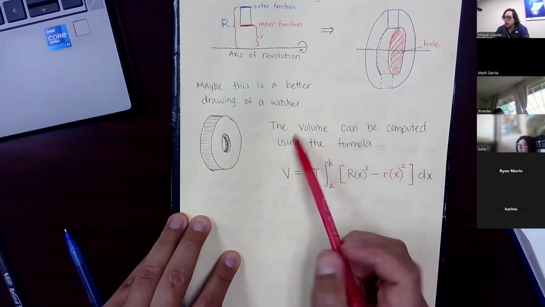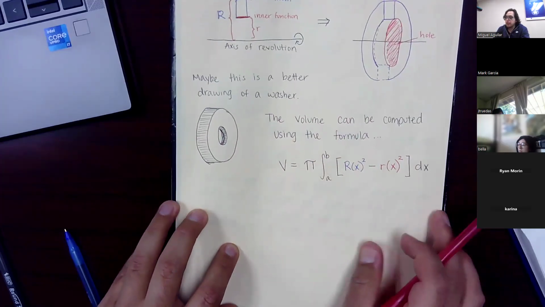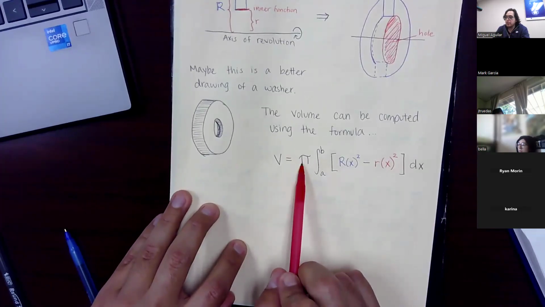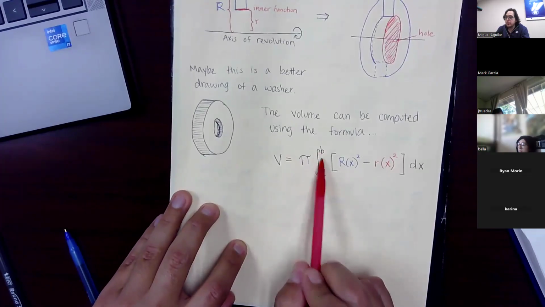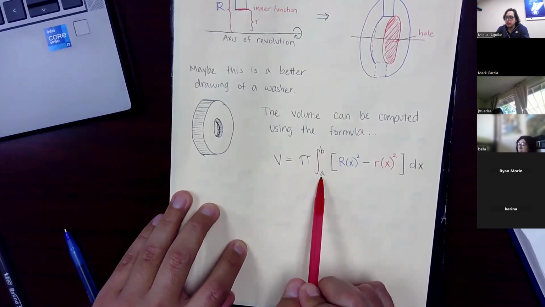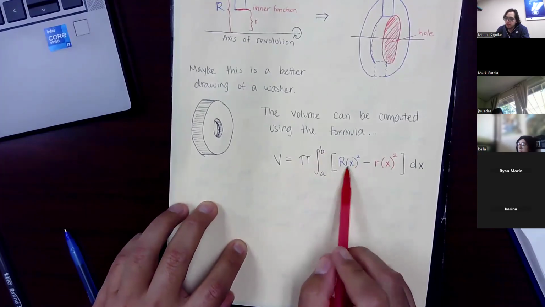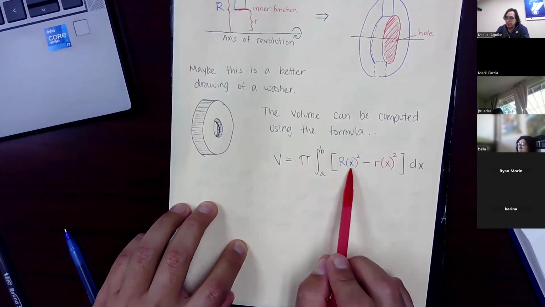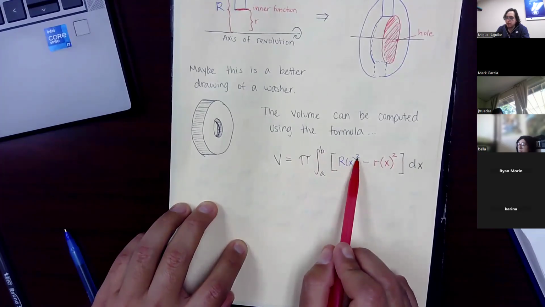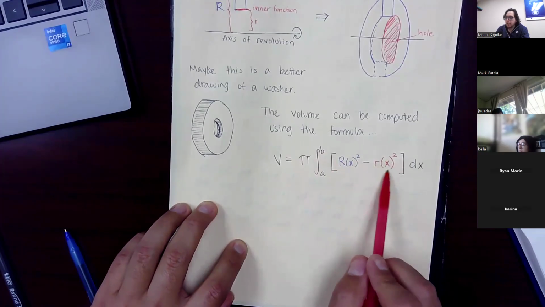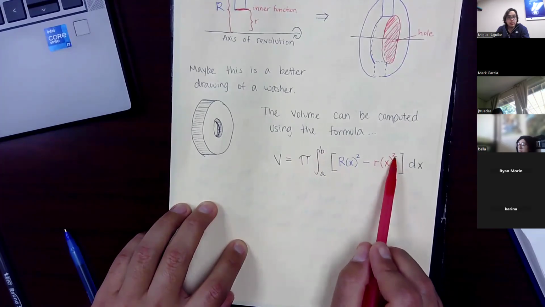Okay. The volume of this can be computed by using pi times the integral from a to b, so we'll have to know what those limits of integration are. And then the outer function, its radius squared minus the radius of the inner function squared, right?